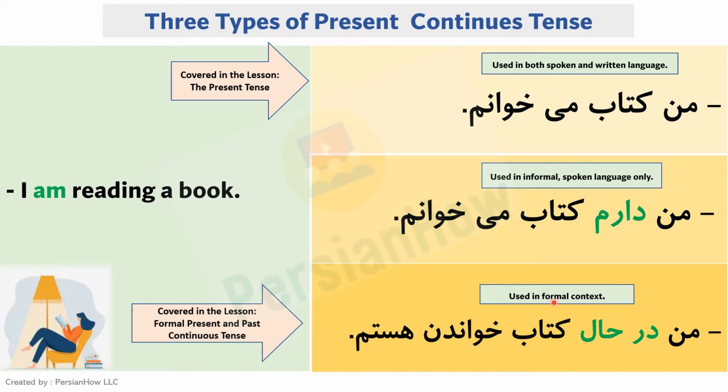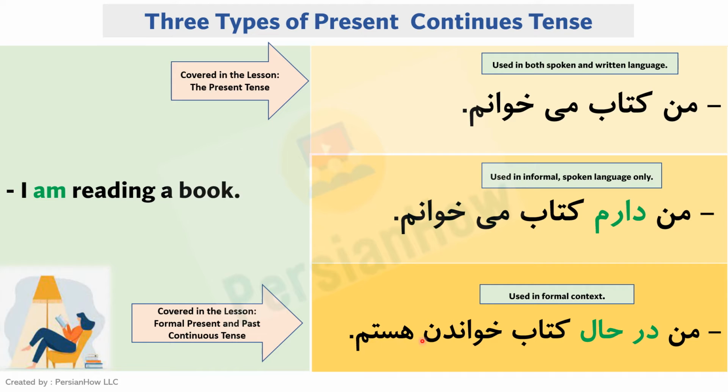And then there's a third form of present continuous. So this form, من در حال کتاب خواندن هستم. So the preposition در حال is used, and then we use a gerund after the preposition, and then the verb to be.